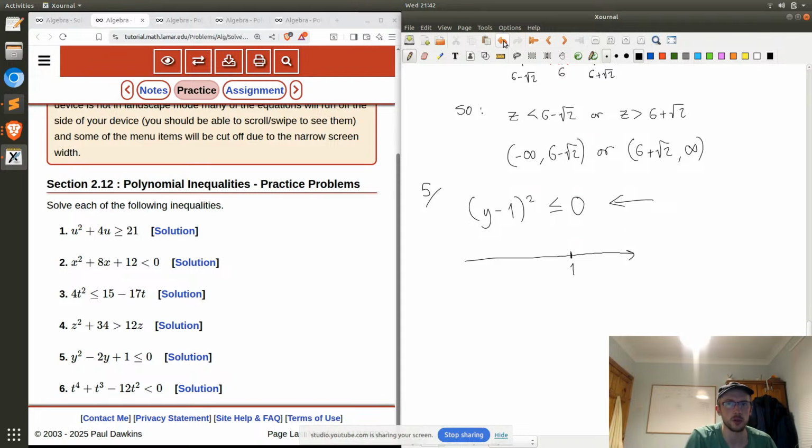That's never true, unless y is actually equal to 1 itself. That's the only condition by which that is true. Everywhere else is a failure. So we simply say y is equal to 1.